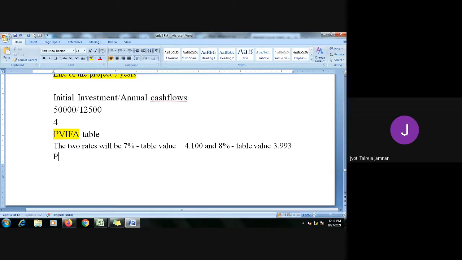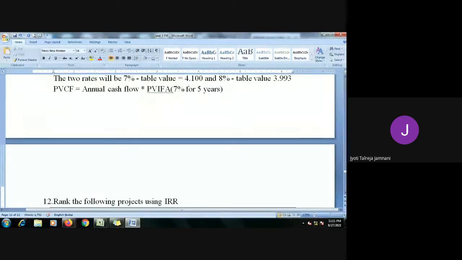I will do annual cash flow into the present value interest factor annuity. At first I will take the 7% rate, because these are the two rates for 5 years.